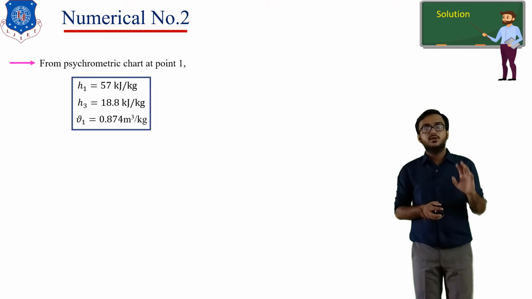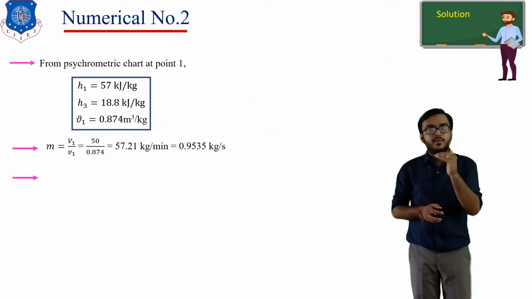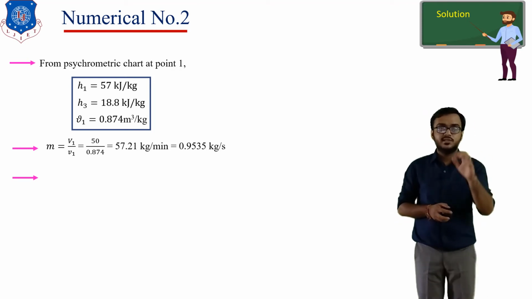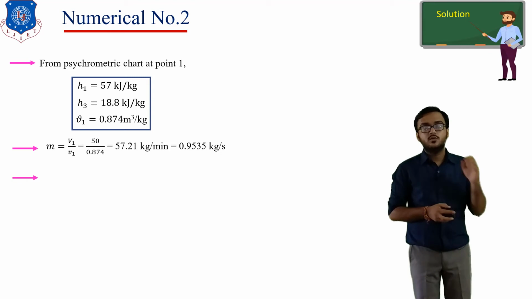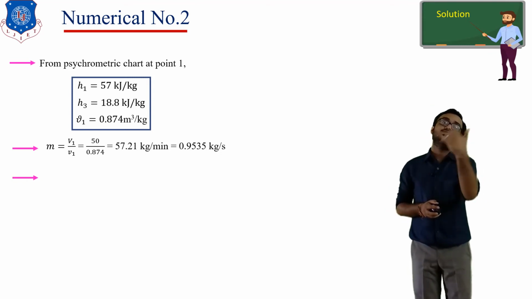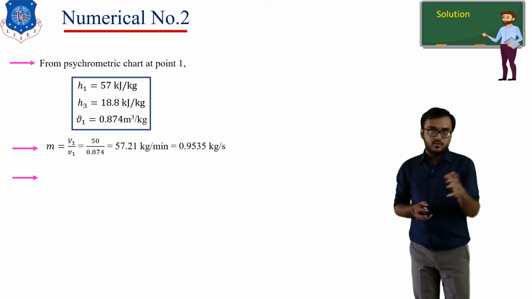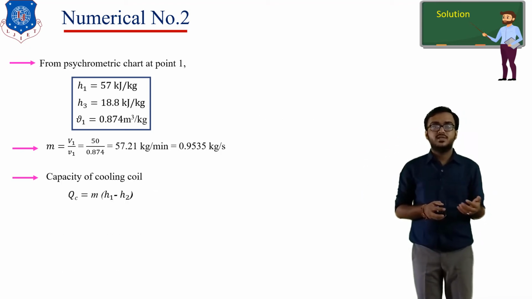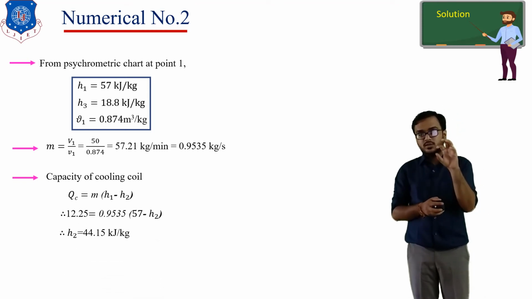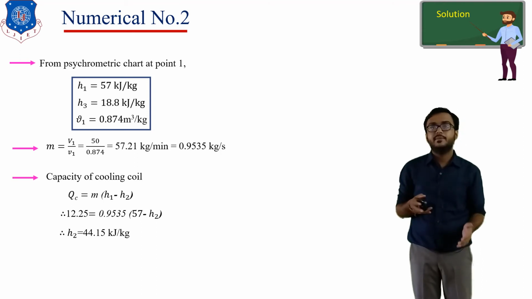Based on this, the mass flow rate is equal to capital V divided by small v. Capital V is 50, small v is 0.847, and based on that, the mass flow rate is equal to 0.9535 kg per second. Based on the mass flow rate and the cooling coil capacity, we have the value of H2, that is 44.15 kJ per kg, because the heat absorption rate is equal to the mass flow rate multiplied by the enthalpy difference.